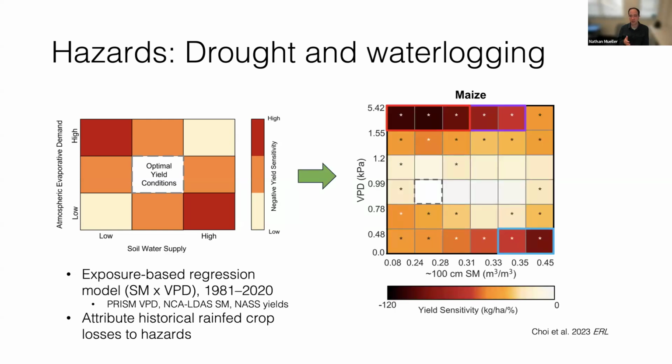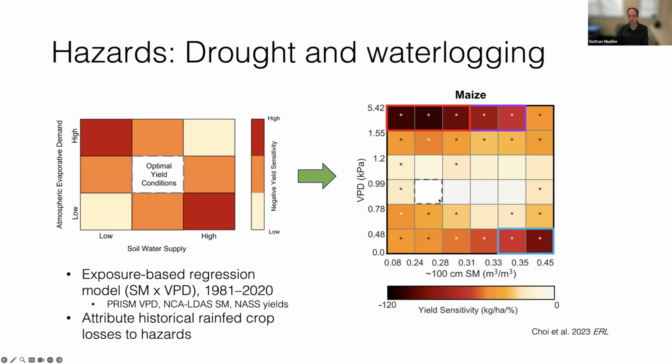So first, just showing what it looks like when we go from our kind of mental model to the actual statistical model results. The shading here, the darker it is, the darker red, the more negative the responses to those conditions, and that's all relative to this optimal bin.